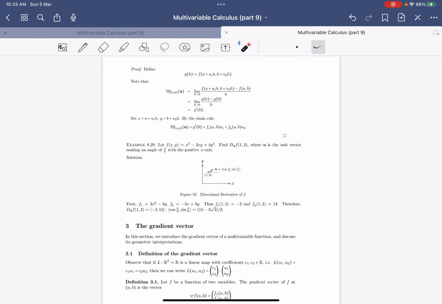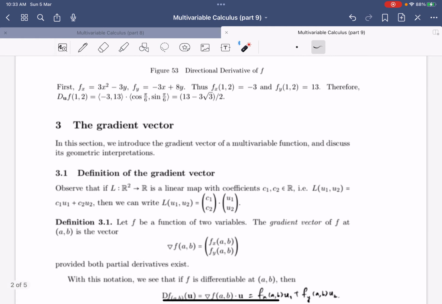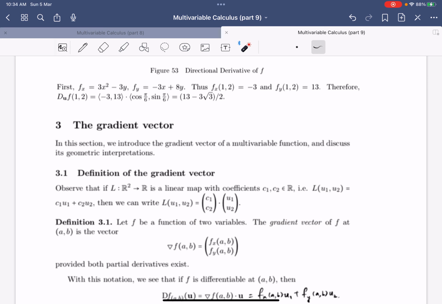And with this idea of the directional derivative, we get to know what a gradient vector is. We say that the linear map can now be written as (fx, fy) dot (u1, u2), where u is the direction. This part we define to be the gradient vector of f.